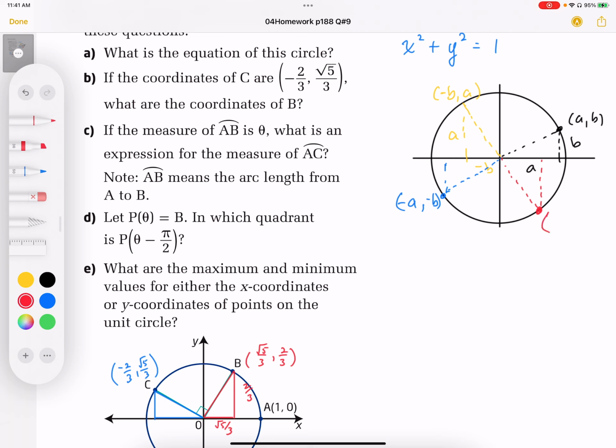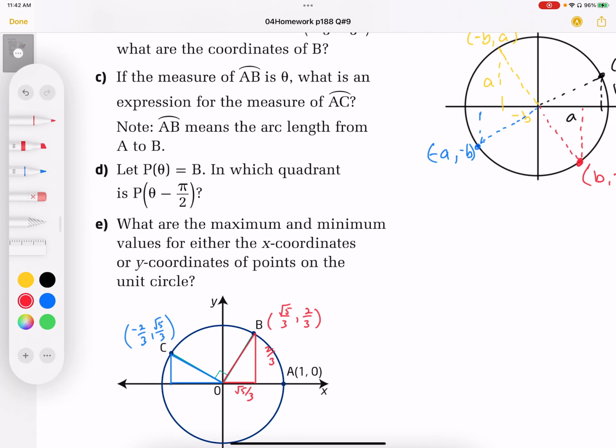So every 90-degree rotation is just going to switch the X and Y and change one of them to negative. And that actually reflects the idea that if we find the perpendicular slope, we're just switching the rise and run and making one of them negative, sort of the negative reciprocal. And that's the same as switching the X and Y when we rotate 90 degrees. And that's why that negative reciprocal slope is being reflected in this diagram.